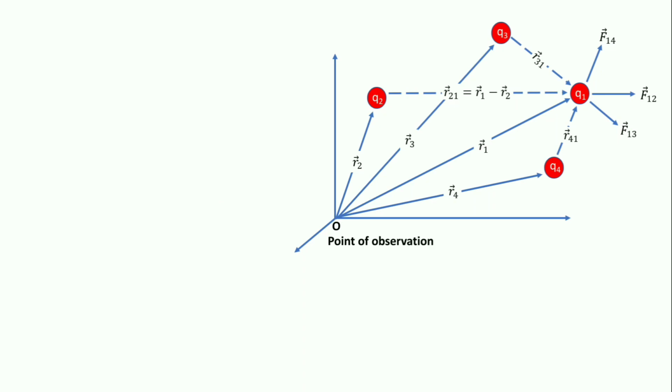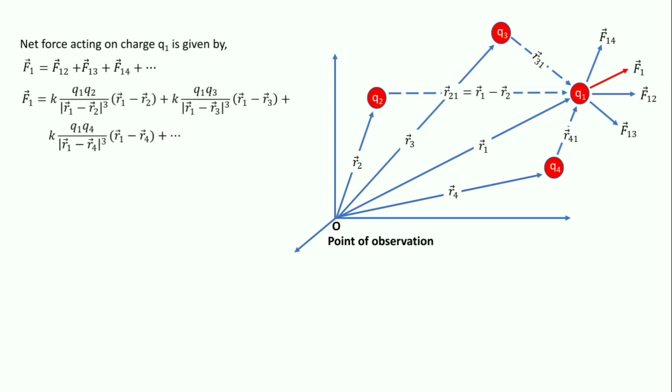Now let's add all these forces to find the net force on charge q1. Net force acting on charge q1 is given by F1 vector, which equals F12 vector plus F13 vector plus F14 vector. Now put the values that we have got from above. In this way, we can find the net force, or total force, on charges q2, q3, and q4. So in general we can write it in terms of summation, where the values of i and j go from 1 to any larger number.